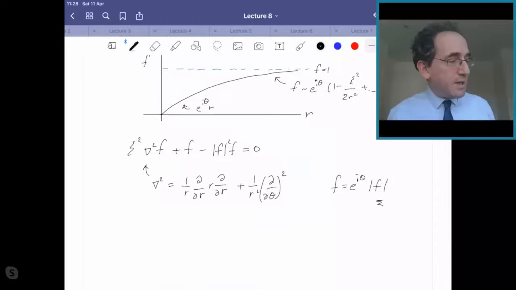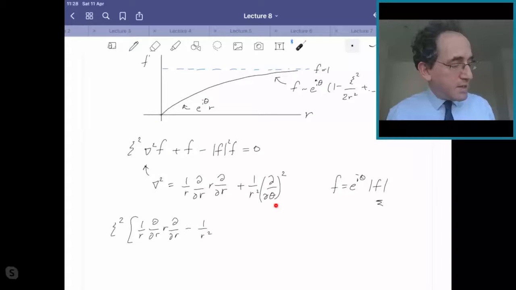Let me just write out the whole thing then. Xi squared 1 over r d by dr, r d by dr, minus 1 over r squared. That comes from this term here, taking d by d theta squared, times absolute f, plus absolute f minus absolute f cubed equals 0.